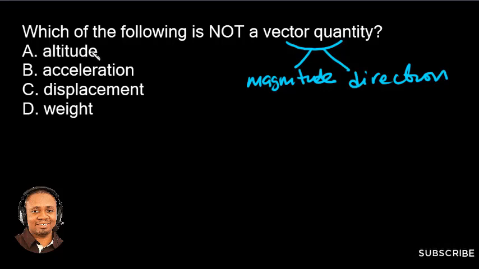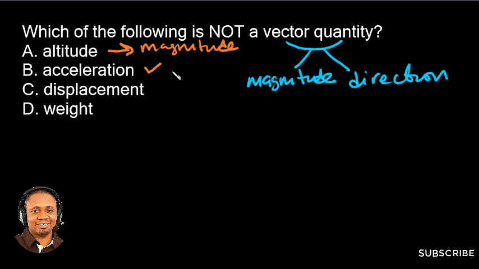Option A says altitude. Altitude has only to do with magnitude, but has no direction. So altitude is not a vector quantity, but let's go through the other options to confirm. Option B, acceleration.